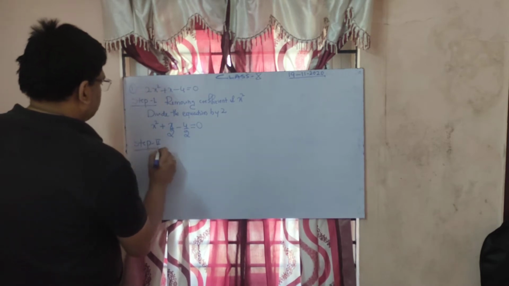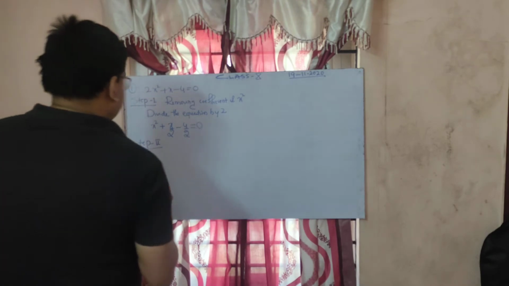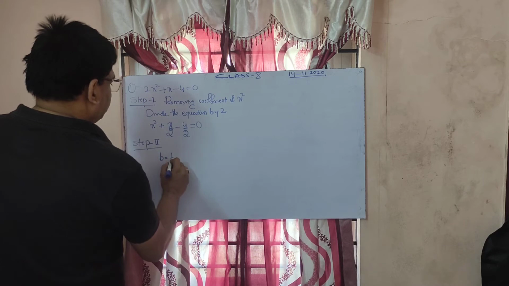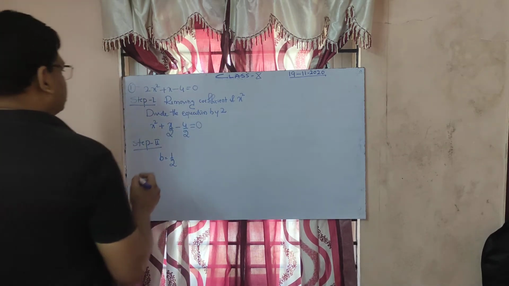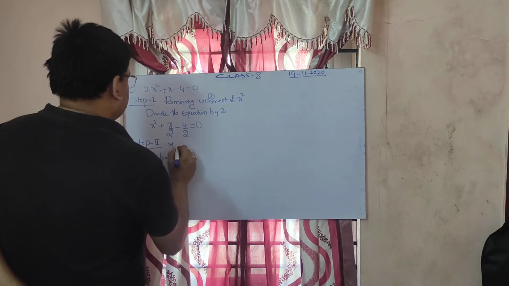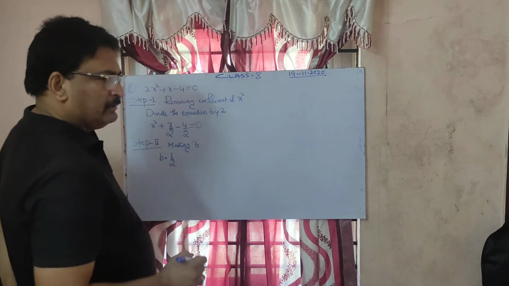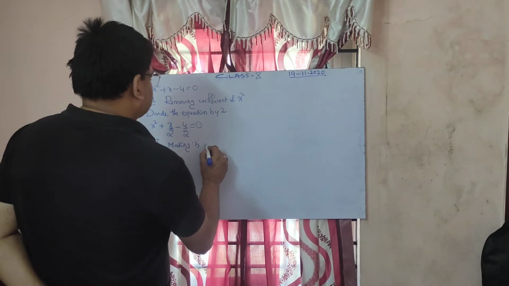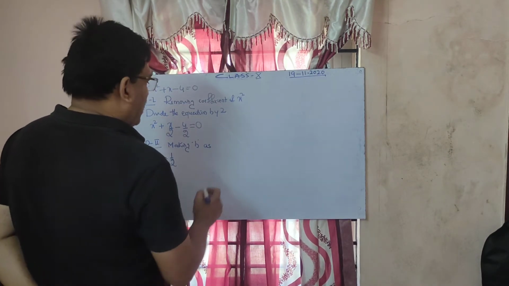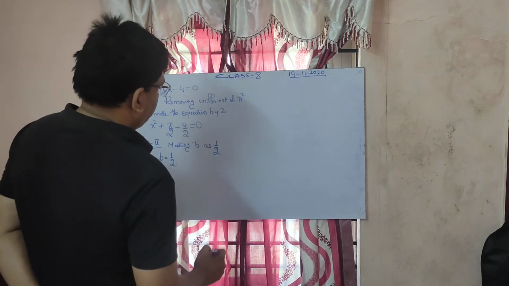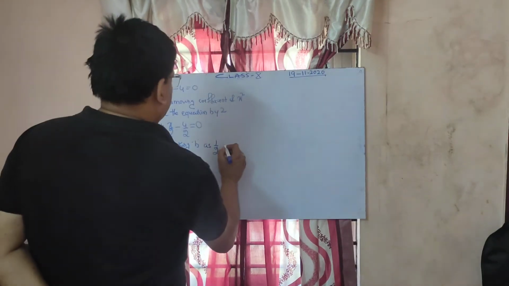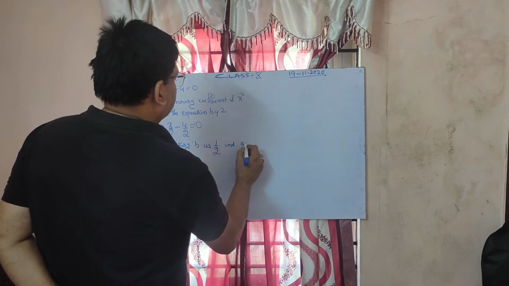Step 2: making B, or you can say the middle term, as half, and squaring it.